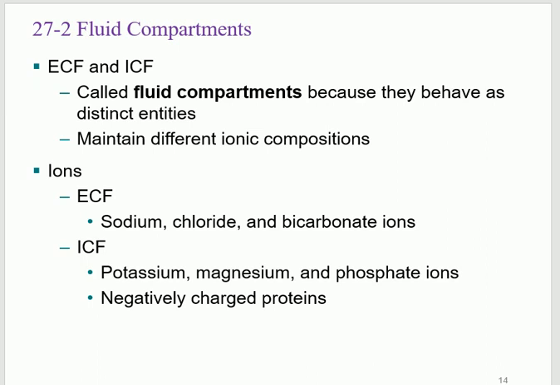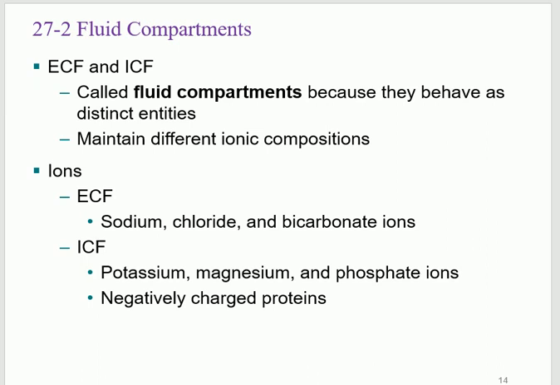So this is for the water. For the ions, extracellular and intracellular, we have all types of ions. But what I want you to remember, what is more in the extracellular than intracellular? And what's more intracellular than extracellular?